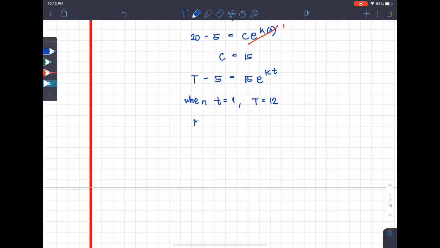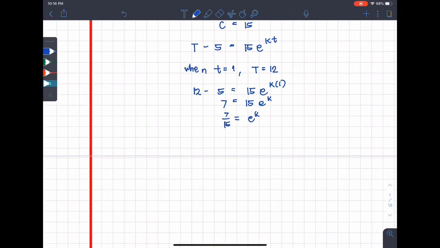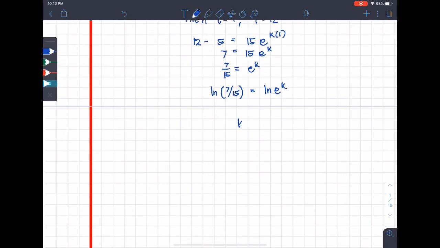That would be 12 minus 5 equals 15 e^(k), and t is 1. So 12 minus 5 is 7, equals 15 e^k. And 7 over 15 would be equal to e^k. So taking the logarithm of both sides, ln of 7 over 15 equals ln e^k, and that would give us k to be equivalent to ln of 7 over 15.